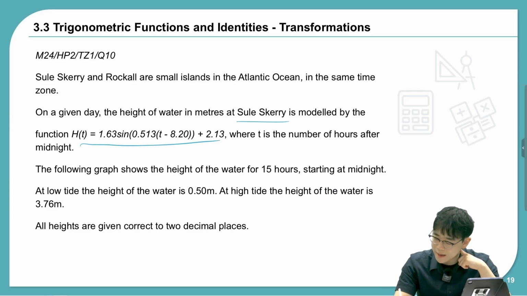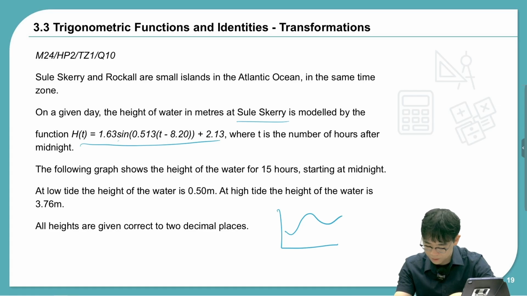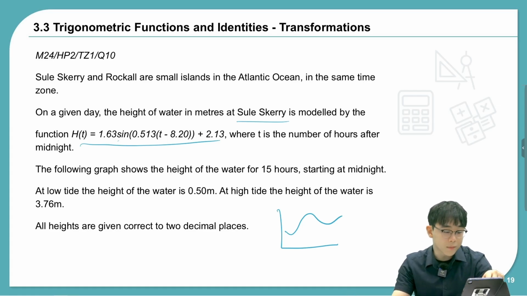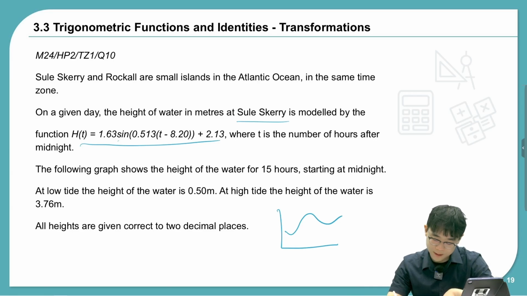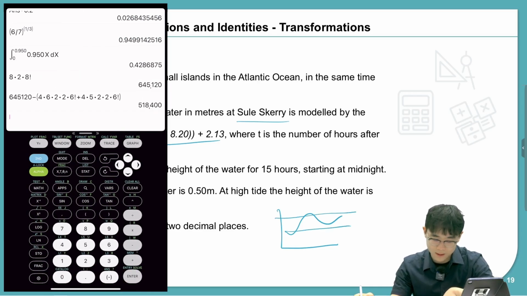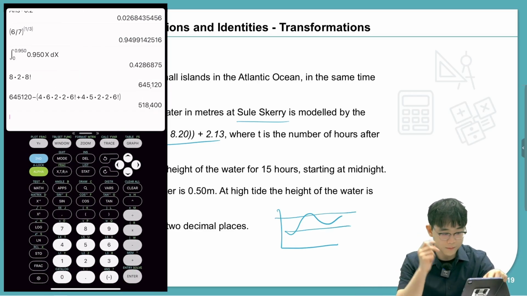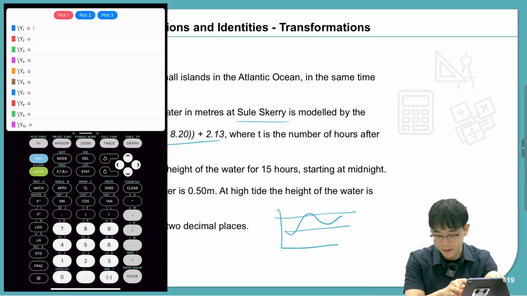And it seems that it's going to be sinusoidal, so we're going to have some periodic waves that are rocking about. So we could graph this equation first, and then we'll probably find the max points, the min points, and whatnot. So let's actually graph this and move on to the next page.